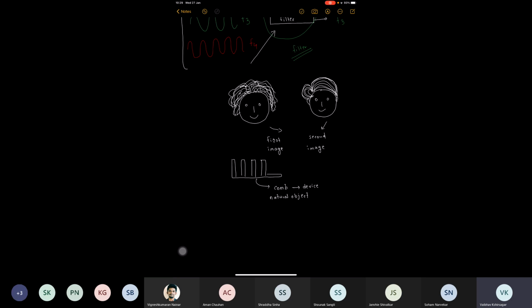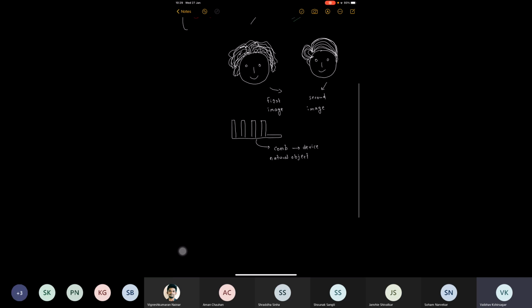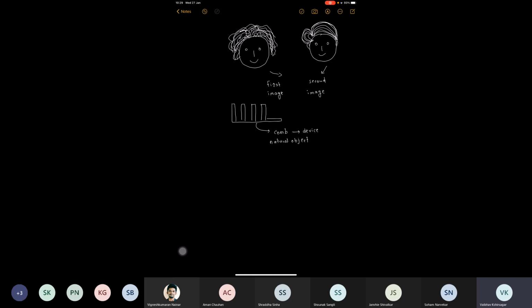The same device we can call a filter circuit. The purpose of using a filter is to separate out or organize a specific frequency component signal out of many signal components. So this is just an illustration example of the filter circuit.